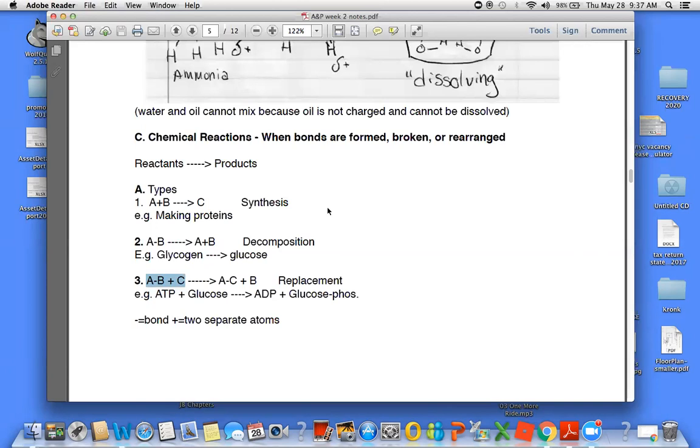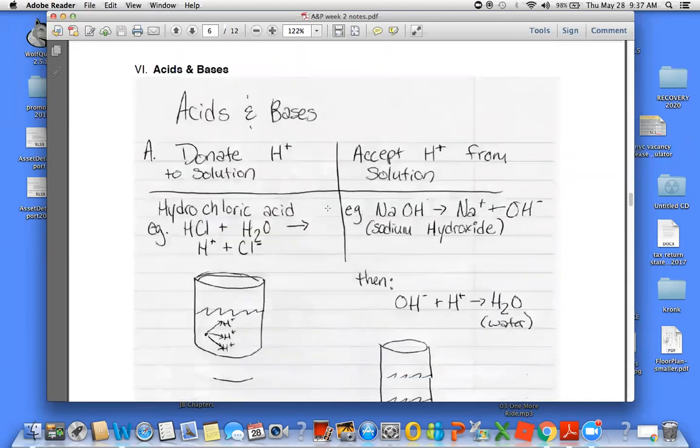Okay, the next step on our agenda is to take a look at acids and bases.